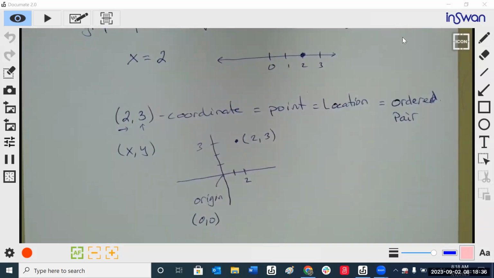All of those mean the same thing. If I ask for a location, if I ask for a point, if I ask for a coordinate, if I ask for an ordered pair, it all means the same thing. So you see why it's important to understand the language of mathematics. Because I won't always say, find me the point. So give me the coordinates of this location, or graph this location.